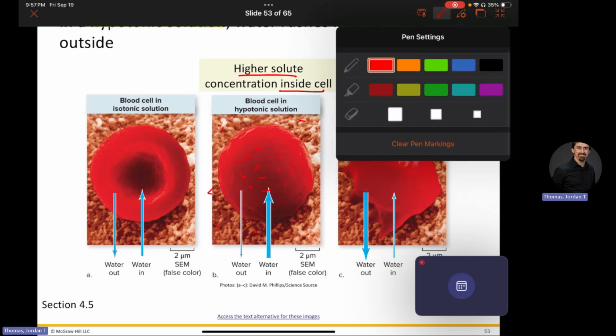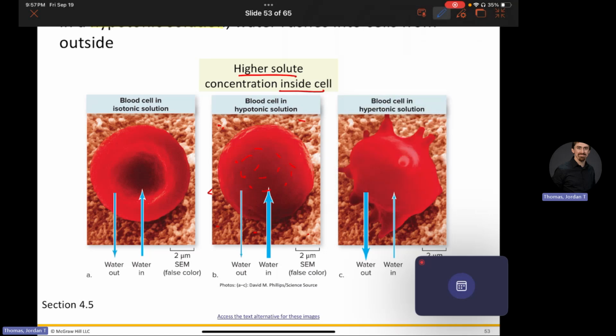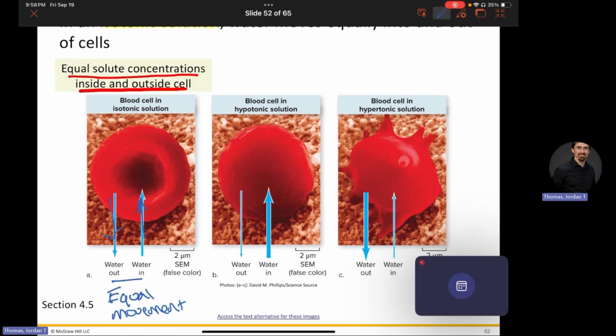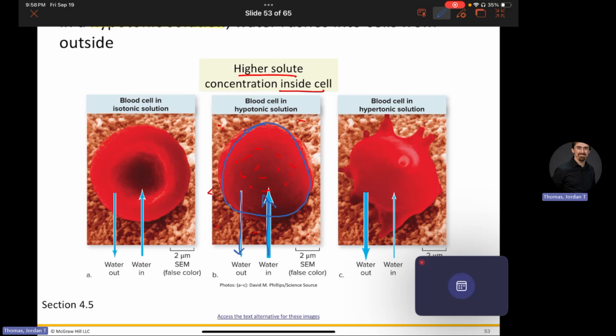Water likes to go to where there's a higher concentration of solutes, so water is going to rush in and only a little bit comes out. You can see this cell getting bigger and bigger, and eventually it can pop like a balloon. So in a hypotonic solution, water goes into the cell, swelling the cell, and can make it burst like a balloon.